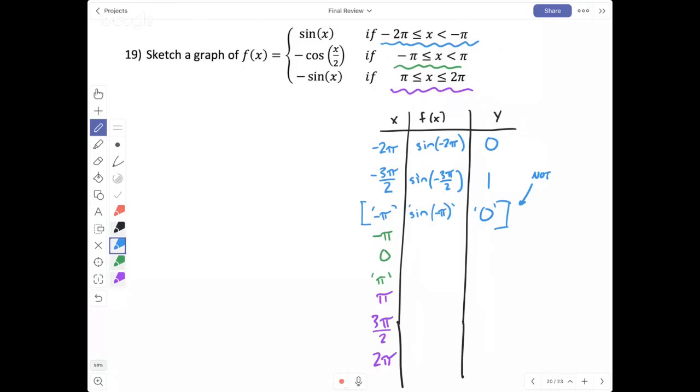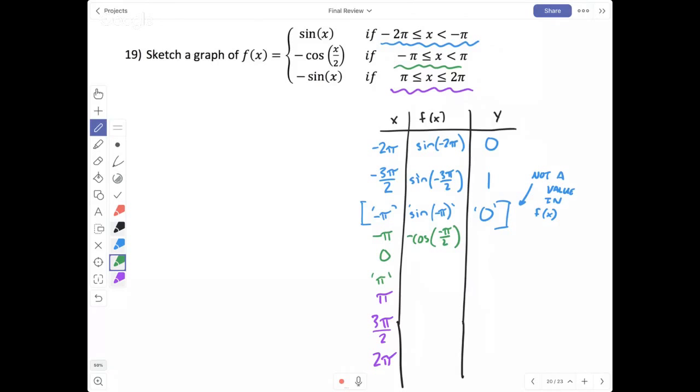Not a value in f of x. Okay, and then let's see. If I actually plug negative pi into the function, it would get plugged into negative cosine of, and here's the x, so negative pi over 2.